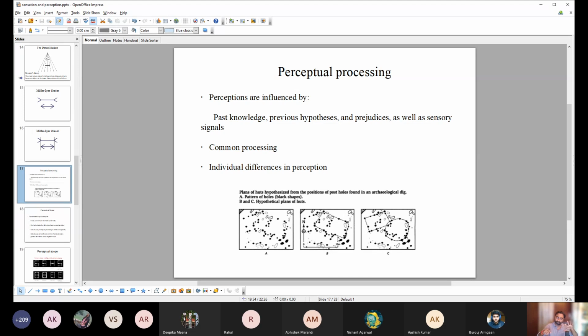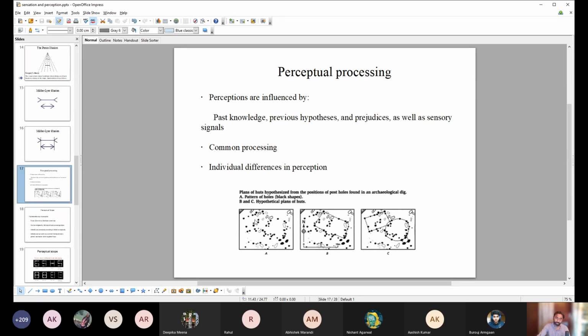So if you have three dots close to each other, you will try to draw a line between them. But if there are three dots far away from each other, you will not want to draw a line between them. That shows that if something is placed close by, we think they are part of the same thing. That's why we want to draw a line between the three dots that are closely placed, compared to the three dots that are spaced away.